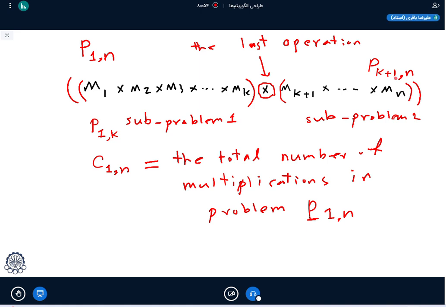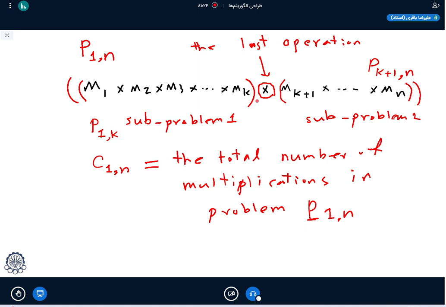The total multiplications that are done in these parentheses are the multiplications that are done in the left side, plus the number of multiplications that are done in the right side, plus the multiplications that are done during the last operation.